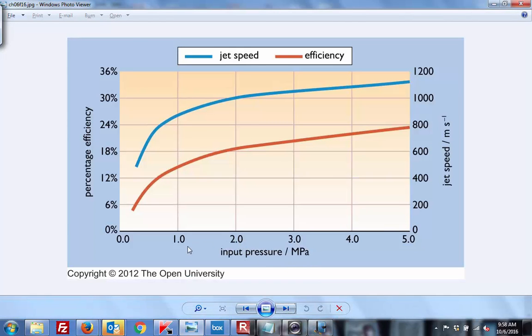figure. So this is 10 atmospheres of pressure, 20 atmospheres, 30, 40, 50 atmospheres. So basically 5 times what atmospheric pressure is. And we can see that as the pressure goes up, the jet becomes more efficient. So it's not Carnot's law like we looked at last time, where the efficiency was the change in temperatures.